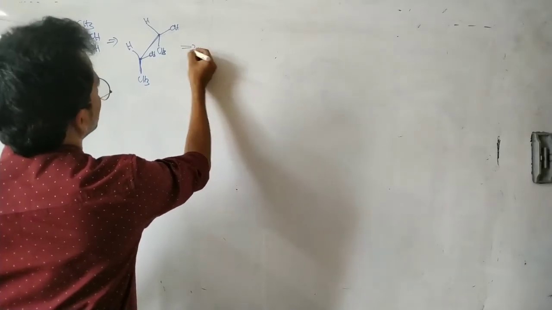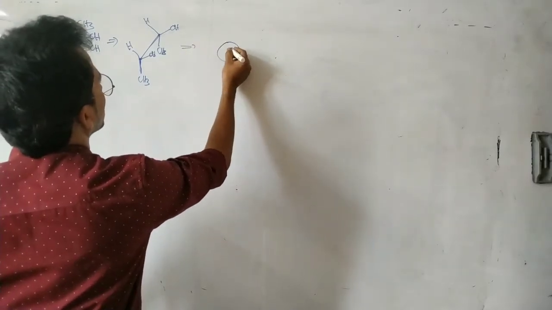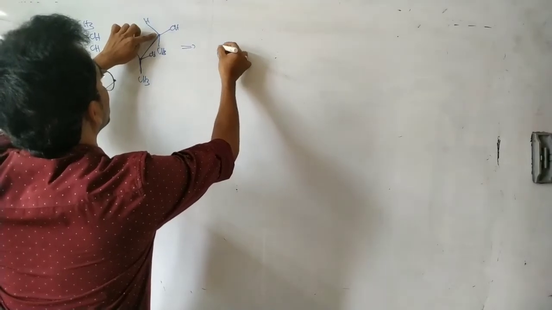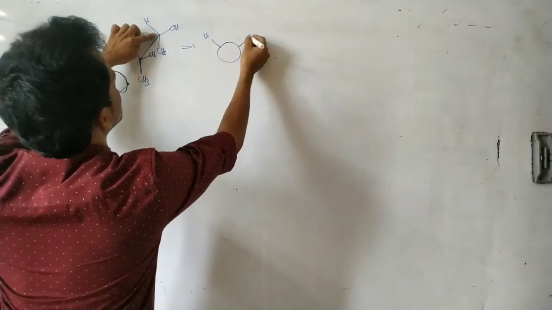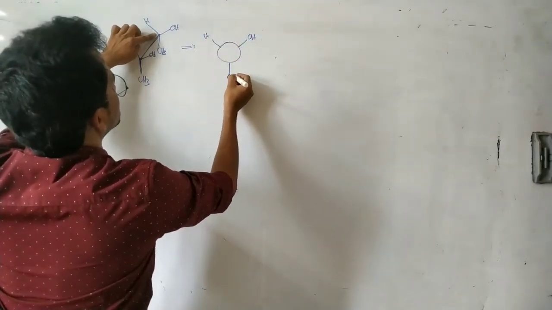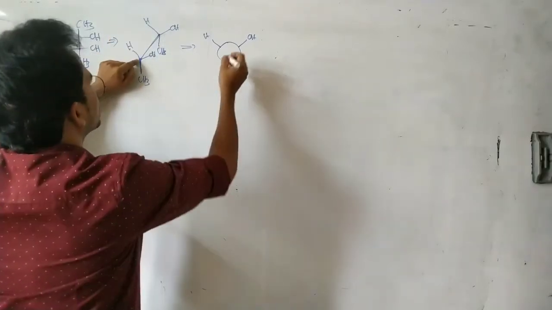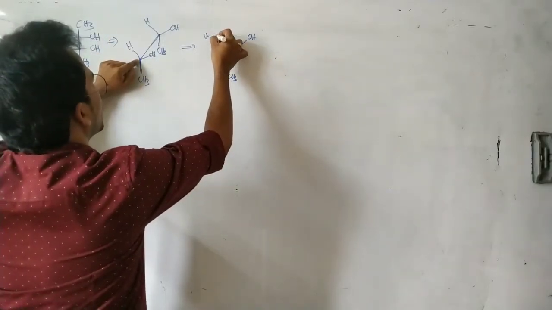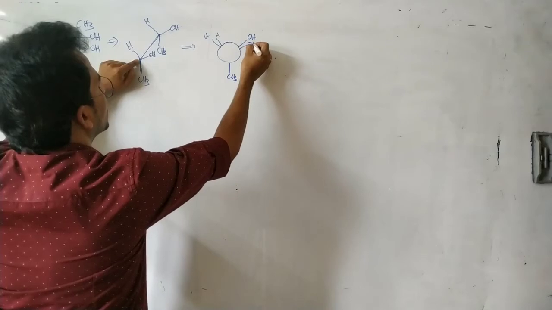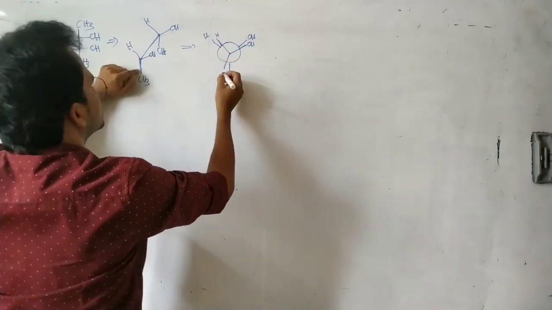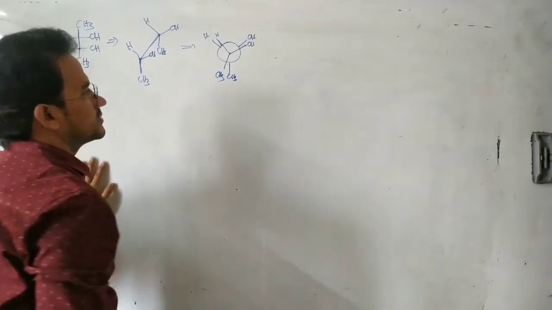This one is the rear carbon, so hydrogen, this is the OH, and this is methyl. Next, this is the front carbon, so this is a hydrogen, this is the OH, and this is again methyl.